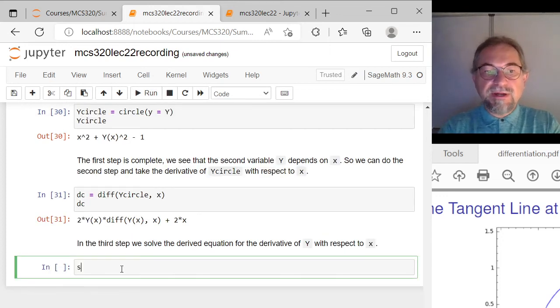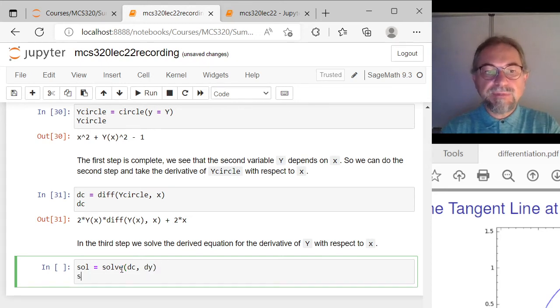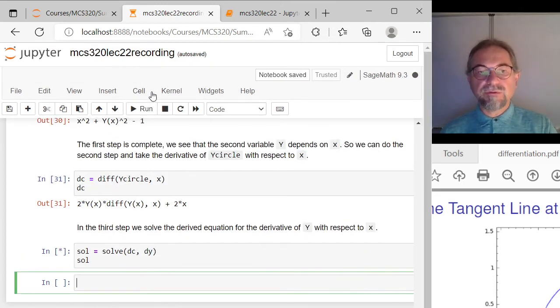Now you can do this by hand, but we don't do much computations by hand here, so we are asking Sage to solve for dy, and I will store this in the variable solve.